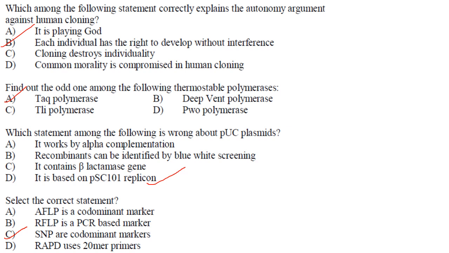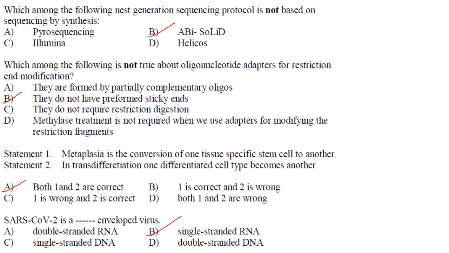Then RAPD uses 20 mer primers. It is not 20 mer, RAPD uses 10 mer primers. So the answer is option C. Then next one. Which of the following next generation sequencing protocols is not based on sequencing by synthesis? It is AB SOLiD. Answer is option B.